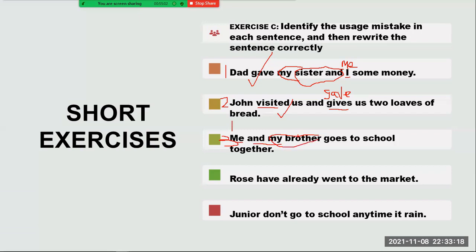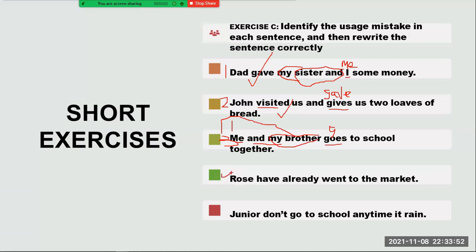So my brother should come first, followed by I. So you have to say my brother and I. Then the third usage mistake is the use of goes, because where we have a plural subject, then we should have a plural verb. So instead of goes, we have go. My brother and I go to school.